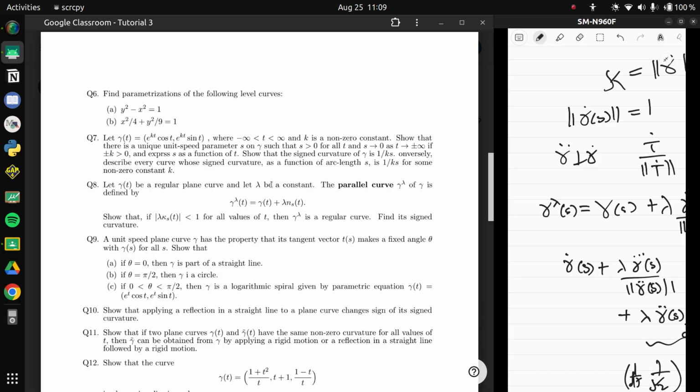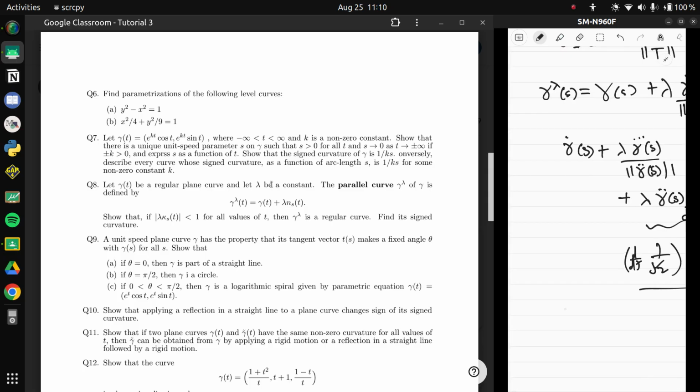So what about gamma triple dot? Hey, this is actually doable. Gamma double dot dot gamma dot is equal to 0, right? The dot product. Now taking a derivative of that, you would still have 0, right? So gamma triple dot, dot product with gamma dot, plus gamma double dot, dot product with gamma double dot, is going to be equal to 0.